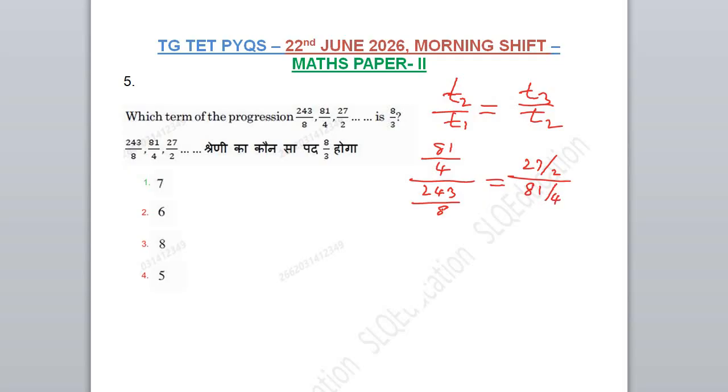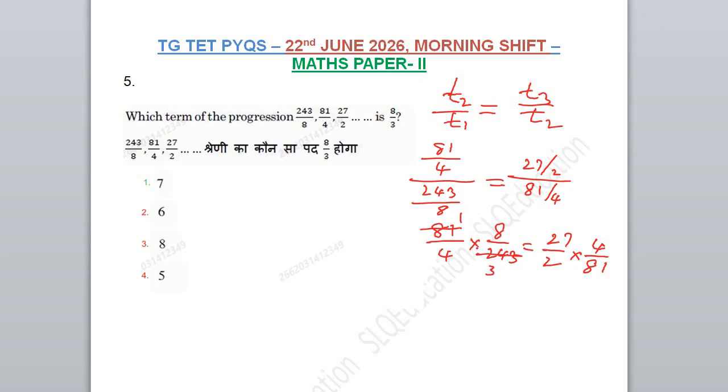The denominator goes to the numerator, so 81 by 4 into 8 by 243 is equal to 27 by 2 into 4 by 81. Here we can cancel common factors, taking 81 ones and 3s.